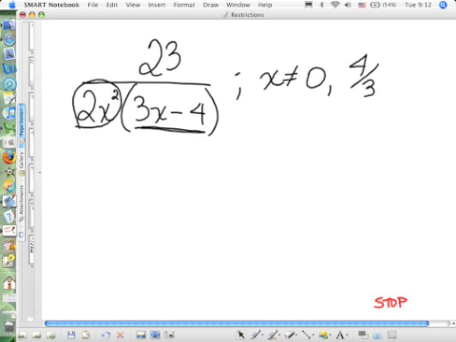What if it's 4x? Redo that. As long as it's multiplication, the x cannot equal 0.